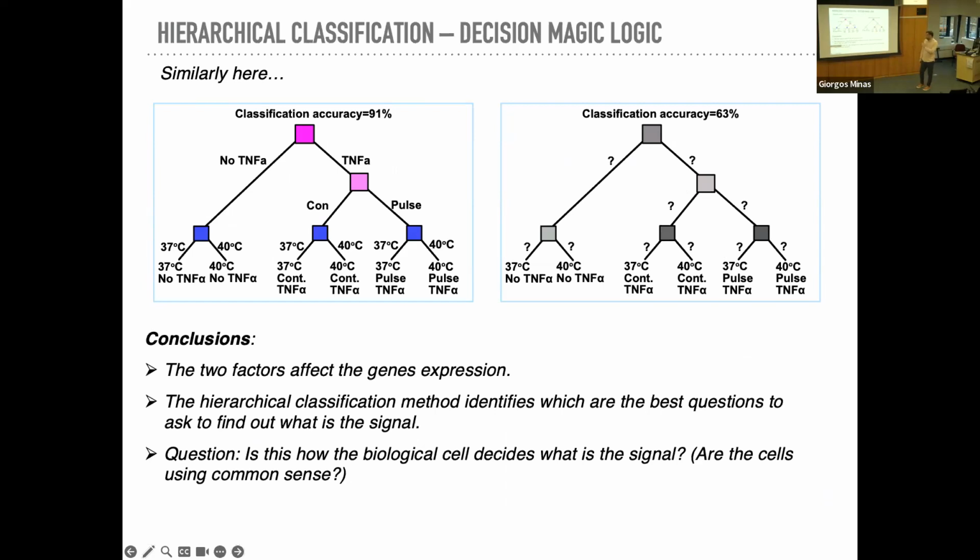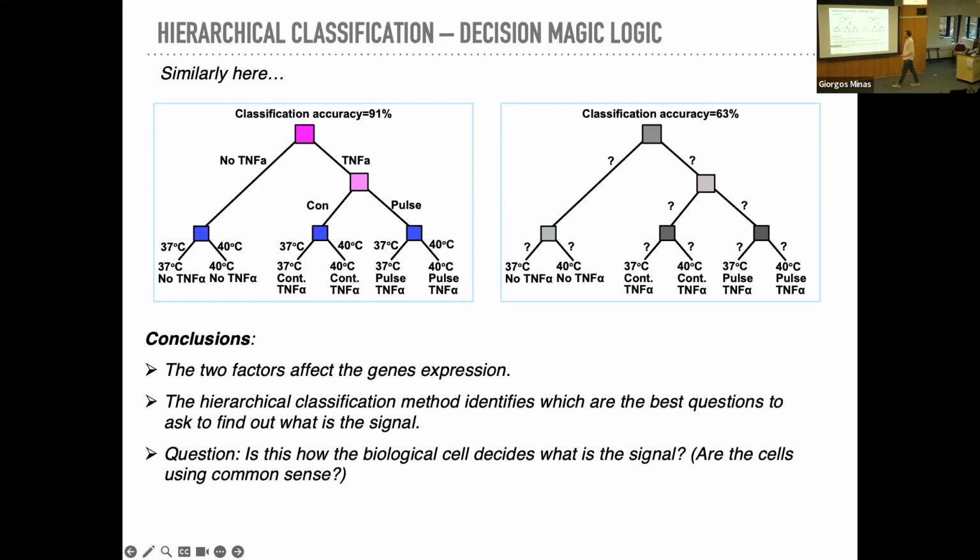But I think one of the things is that when you're asking sensible questions, you get better classification accuracy than with non-sensible questions, which tells you at least that the gene expression is affected by these signals. Then this hierarchical method is helping me somehow to identify which are the best questions to ask to find out what the signal is.